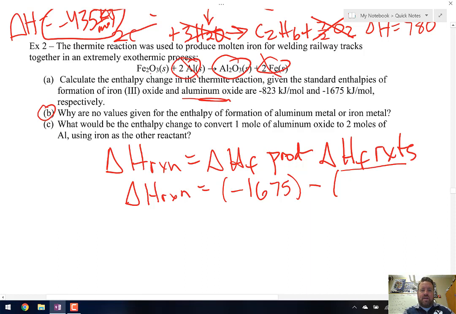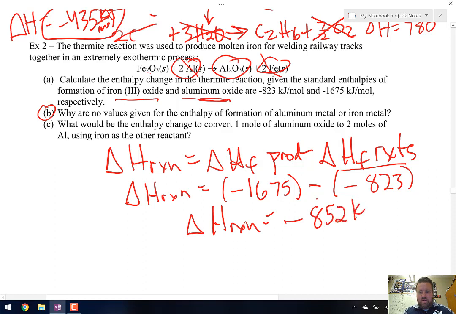The reactant is iron 3 oxide, which is negative 823. Again, notice that double negative there. Do that correctly. Negative 1675 minus a negative 823 gives me a value. The enthalpy change for that reaction is negative 852 kilojoules per mole.